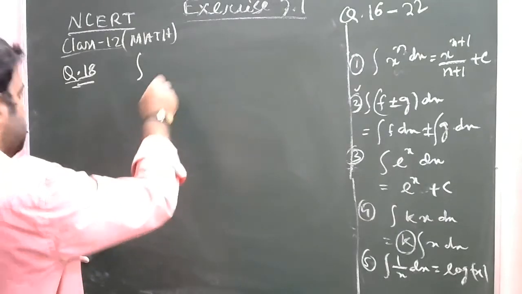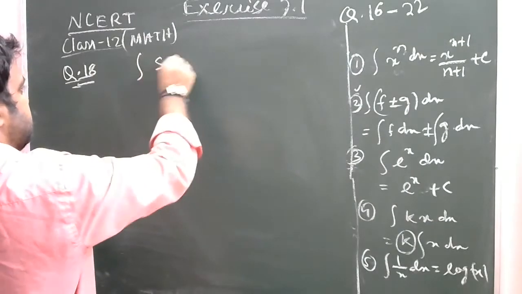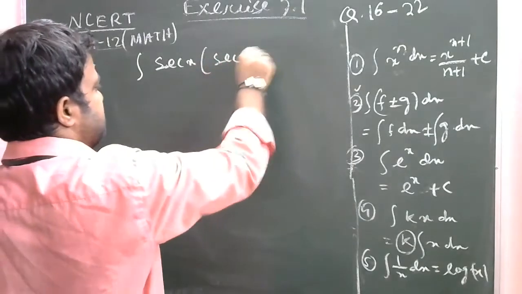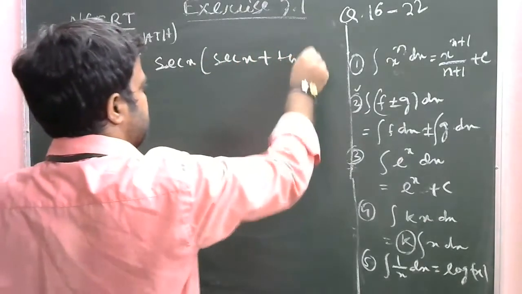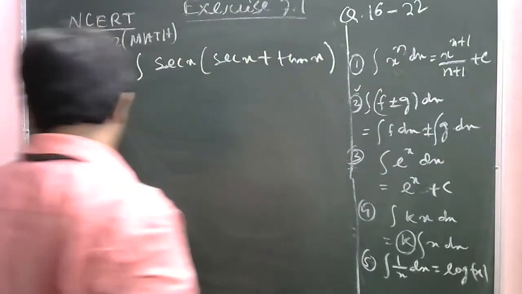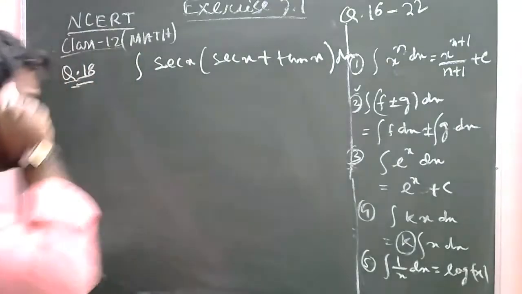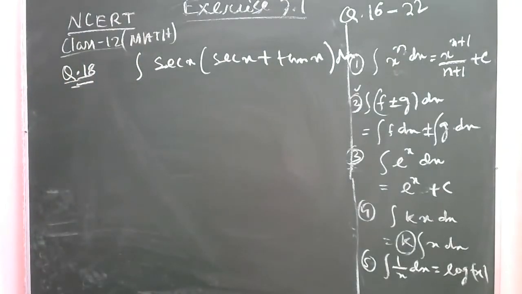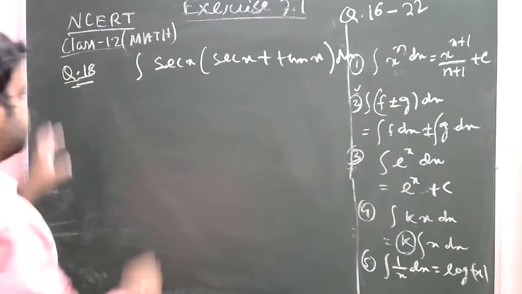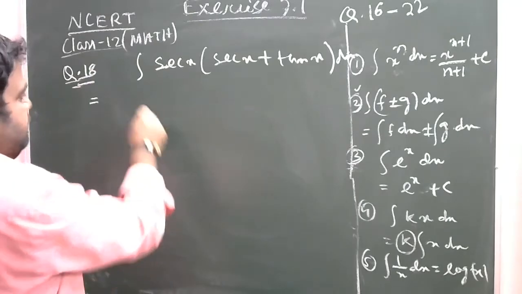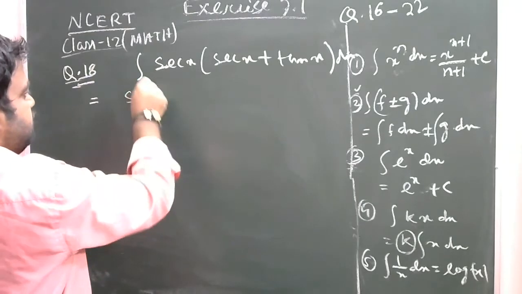Question number 18: integration of sec x into sec x plus tan x dx. Easy, if you remember the integration of trigonometric functions. Now I'll multiply it. Why do I multiply? Because I can see something.